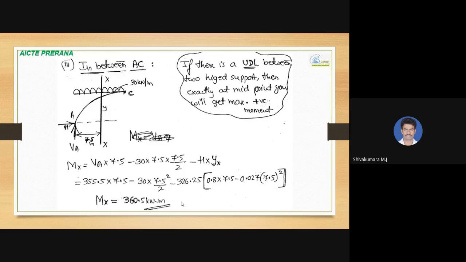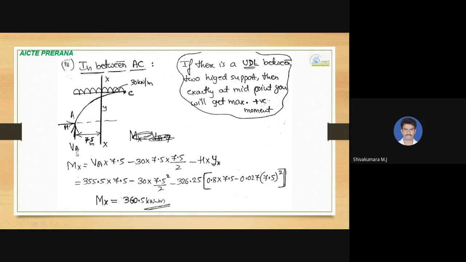Between AC, the maximum bending moment may be experienced at midspan, since it is subjected to UDL. A section is taken at a distance of 7.5 meter, that is half of 15 meter.